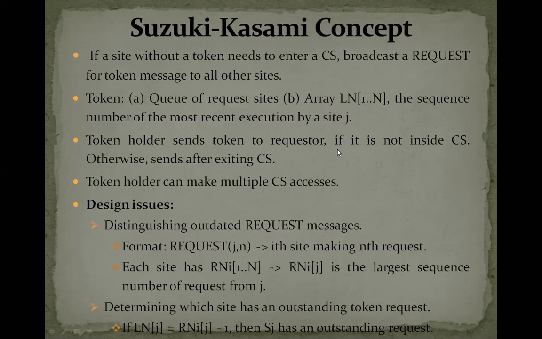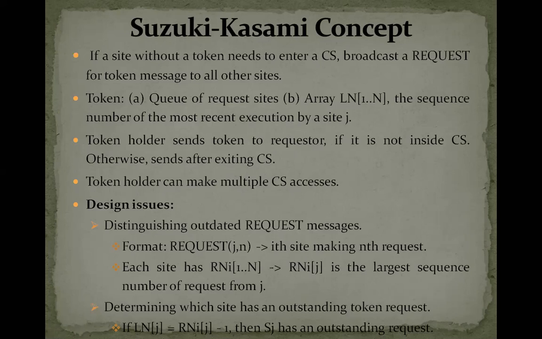But if that particular site which is having the token is inside its critical section, executing it, it will not send the token until it exits from its critical section. So the token holder will send the token to the requester only if it is not in its critical section.